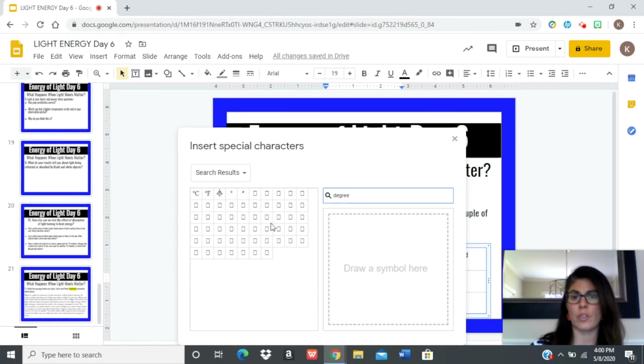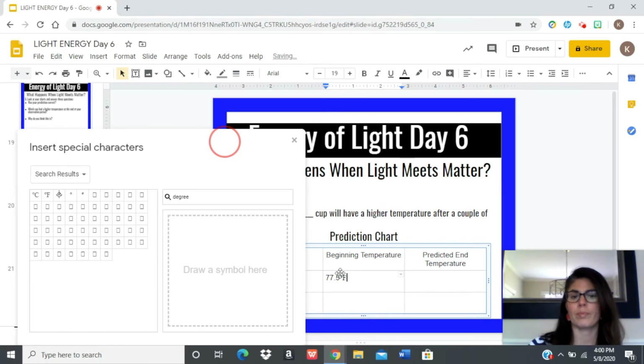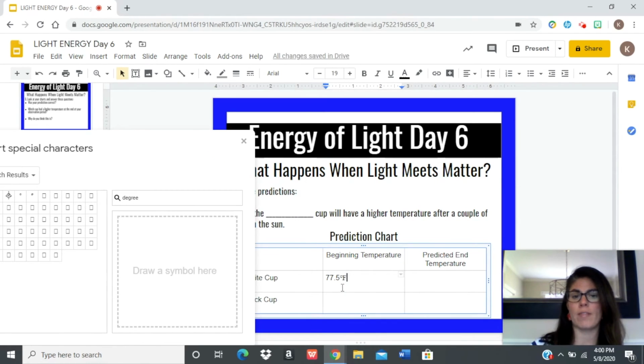And new selections will pop up. We're going to choose the second one for degree Fahrenheit. You click. Because my cursor was next to the 5, it inserted the degree Fahrenheit right next to my temperature.